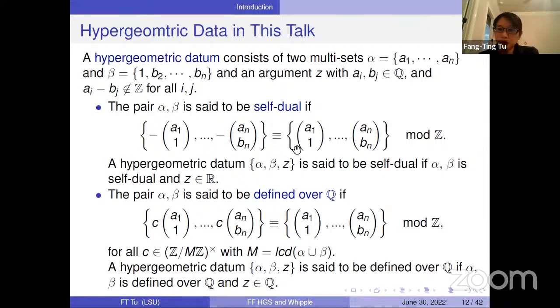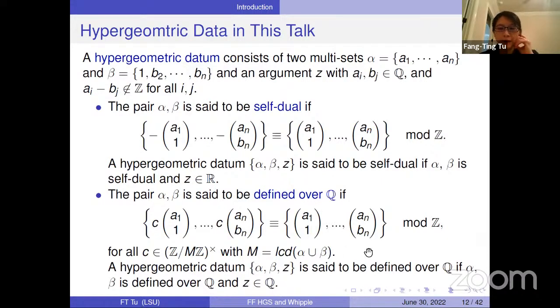Roughly speaking about this definition, the corresponding Galois representation is isomorphic to its complex conjugation if the data is self-dual. And for defined over Q, the representation is isomorphic to its Galois conjugation arising from the cyclotomic field of the nth root of unity.